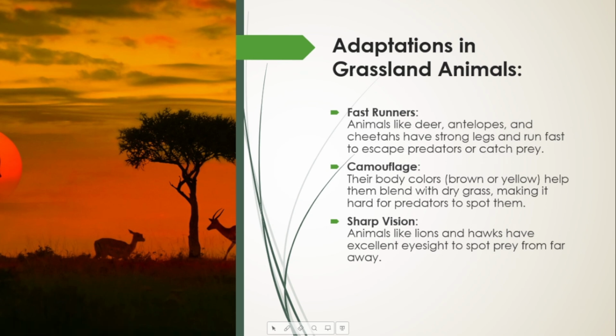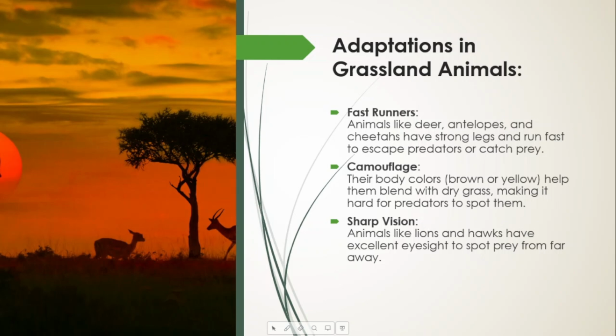As we have seen in the definition of grasslands, all these grasslands are covered with grasses. That means they are too close to the ground and the surroundings are clearly visible. So whenever there is a chance of any animal finding its prey, the prey is easily visible to the other animals for them to eat.